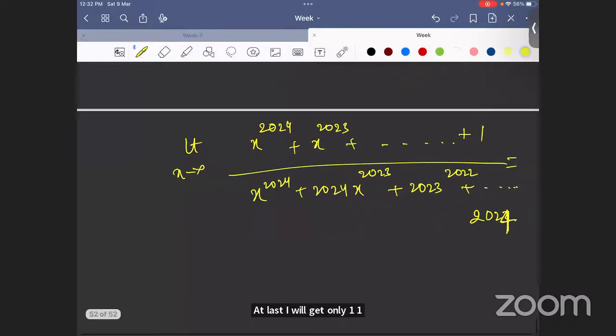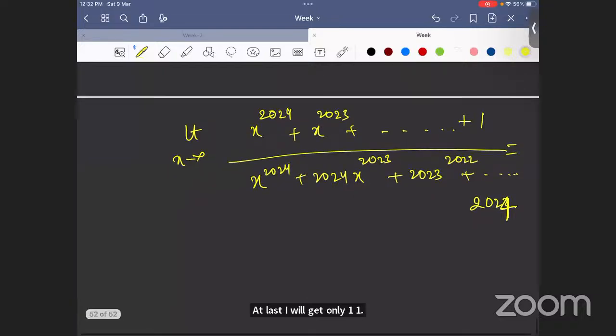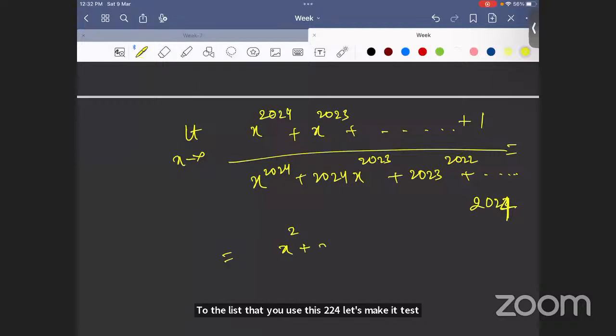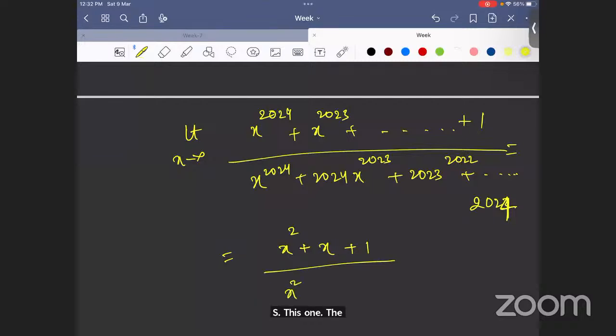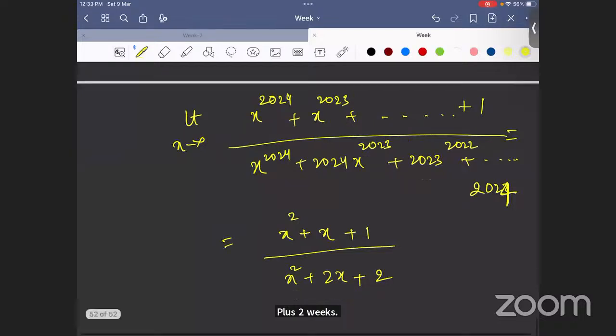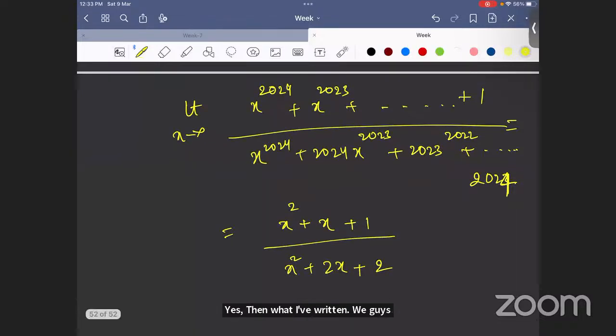Okay, let's reduce this 2024. Let's make it a smaller one. x square plus x plus 1. The denominator part would be x square plus 2x plus 2, correct? This is what I have written.